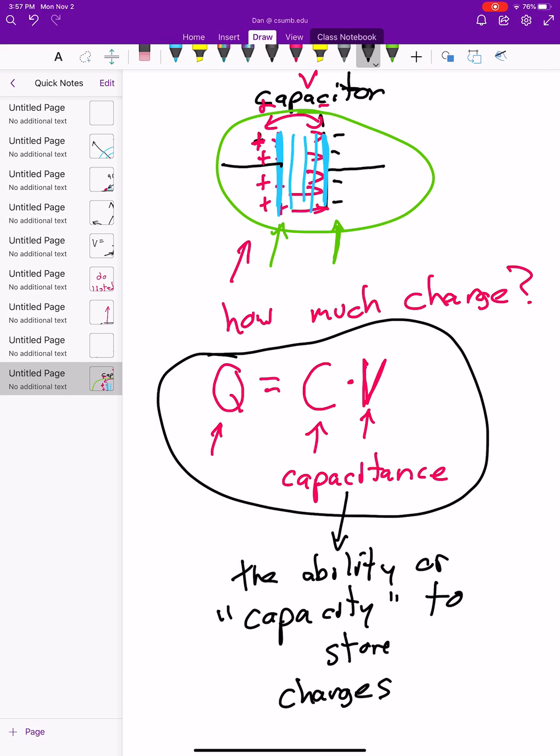So the capacitance, the bigger the capacitor, the more charge it can store for a given voltage. So you can think of the capacitor as kind of like a cup, and the charge is kind of like water. The bigger the cup, the more water the capacitor can hold. All right, so that's a little conceptual idea and a little equation that relates capacitance, and we'll do more with this in just a little bit.